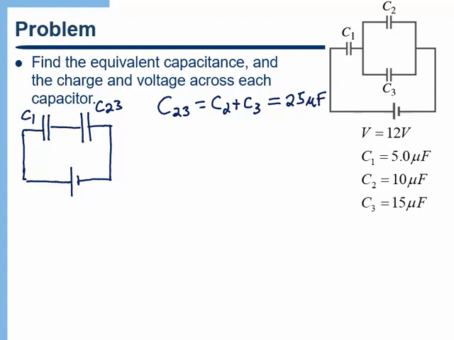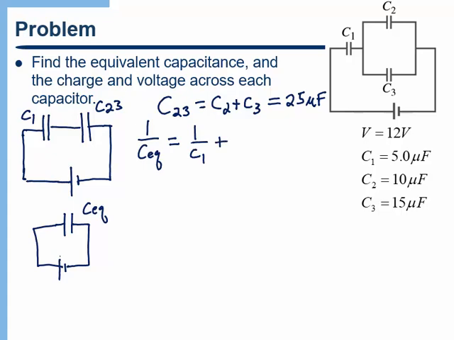Okay, now we want to combine C1 and C23. You'll notice that since they are in series, we're going to have to add those the way capacitors add in series. So 1 over C equivalent is equal to 1 over C1 plus 1 over C23.